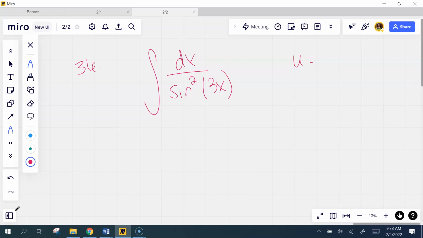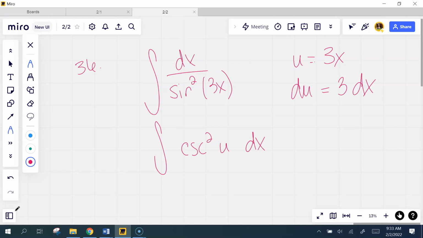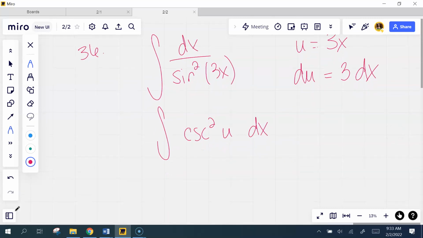So you can make u 3x. And here, Allison, this is where I'm going to need the 3, because the derivative of 3x is 3 dx, right? So I have the integral of, and I'm just going to change this to cosecant squared u. I've still got that dx there, and remember, it needs to be the same variable. So is there a way that I can write it as the same variable? Well, yes. I could say 3 dx's makes a du, right?